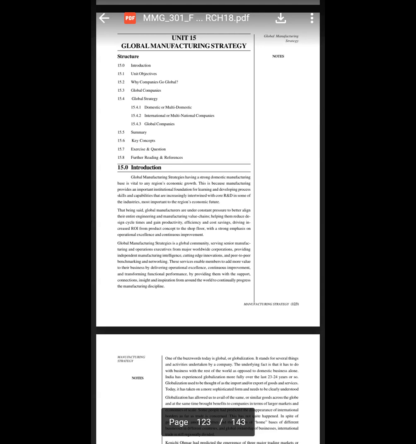And the role of government also plays an important role over here, because the Congress government led by Mr. Narasimha Rao announced a new industrial policy on July 24th, 1991.